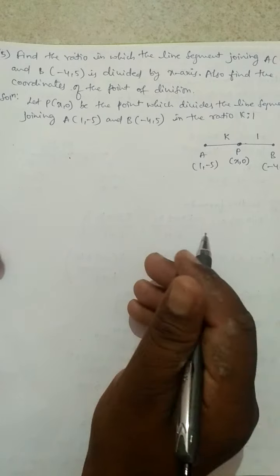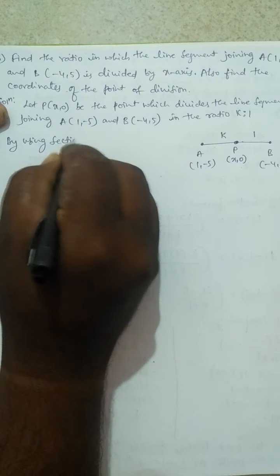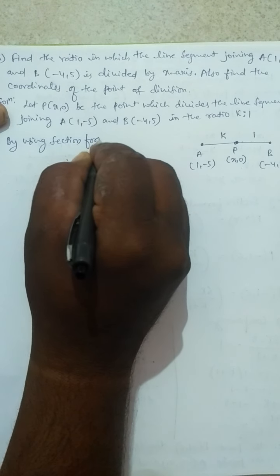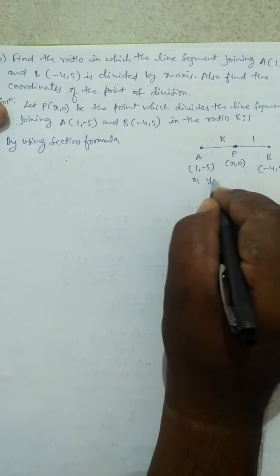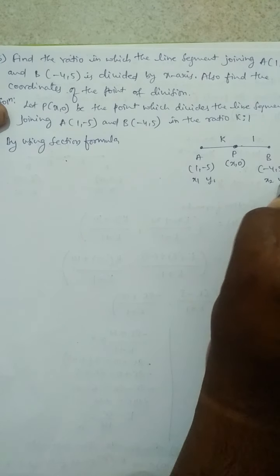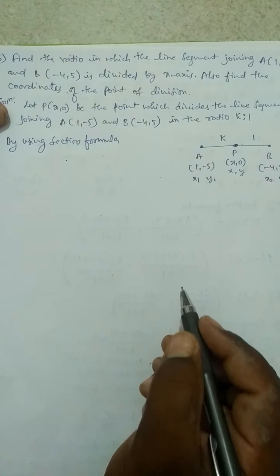Now for the ratio k is to 1, by using the section formula, this one you have to take as x1 y1, this one you have to take as x2 y2. Here P point is x comma y, right?